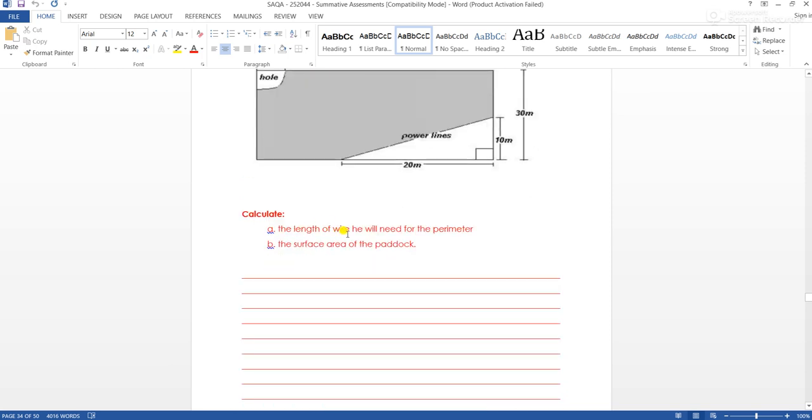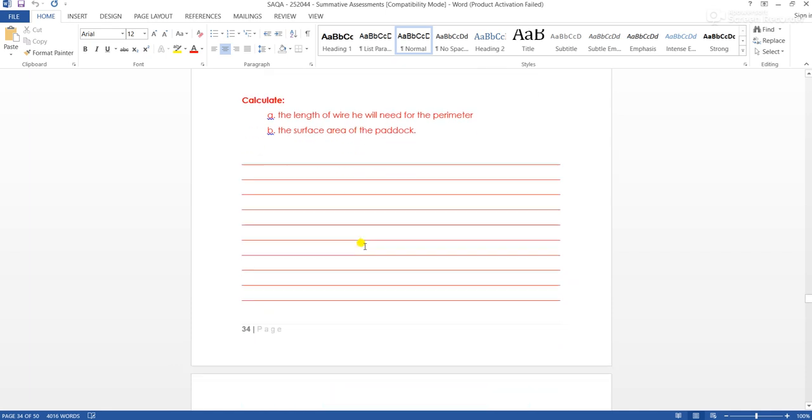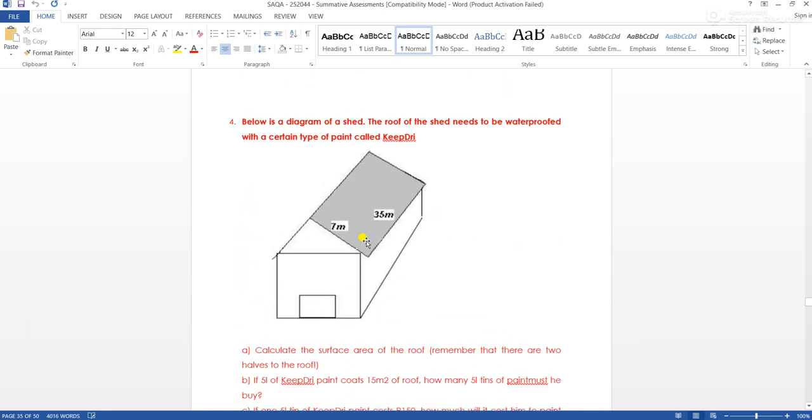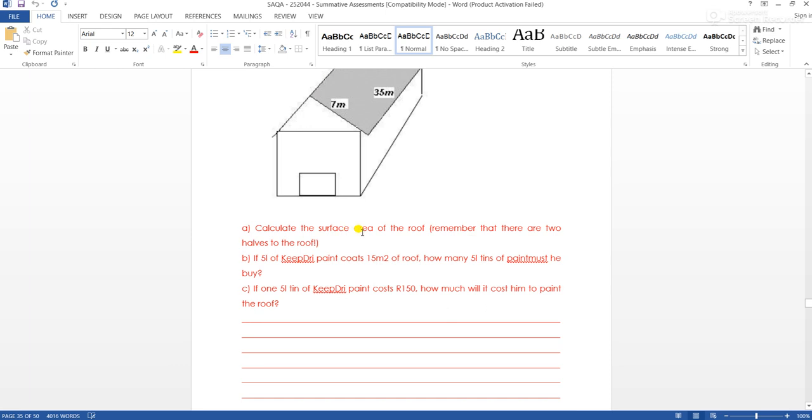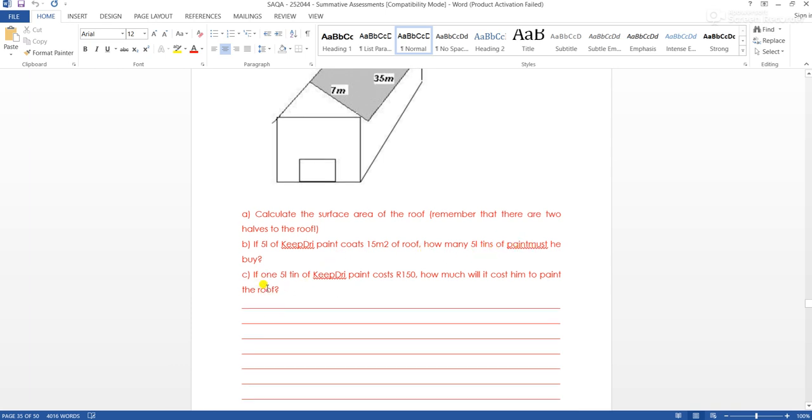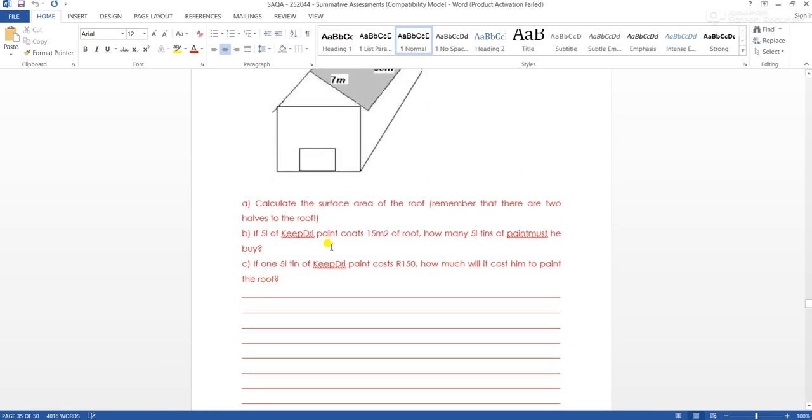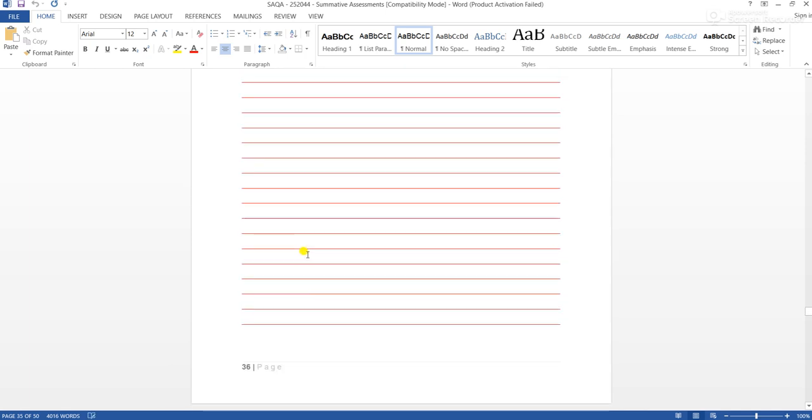So you need to calculate the length of the wire he will need for the perimeter and the surface area of the paddock. And also, you are given a statement. You need to calculate the surface area of the roof. If 5 liters of the paint covers about 15 square meters of the roof, how many 5 liter tins of paint must he buy? You just have to do your calculations.